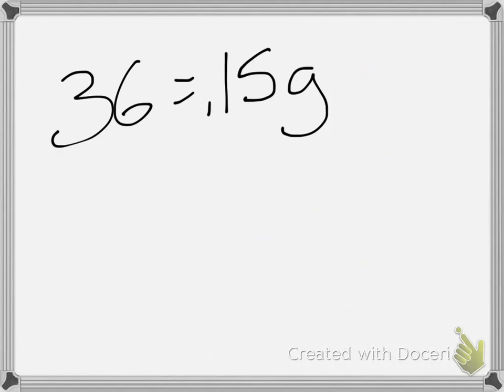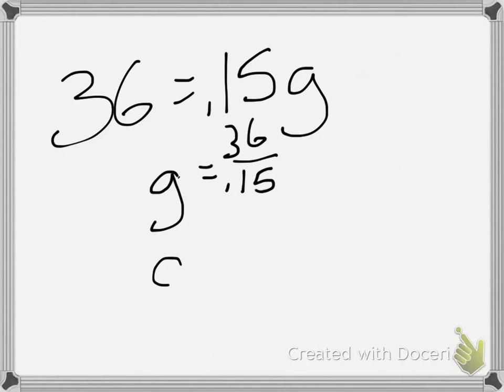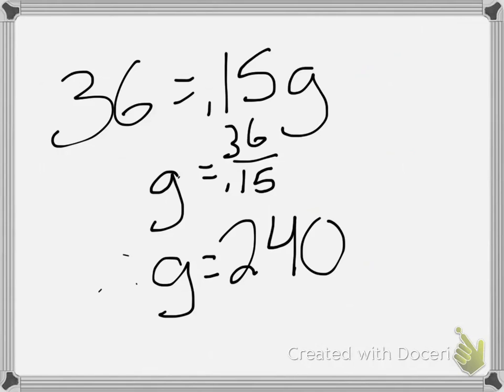So then G would equal 36 divided by 0.15, and therefore G equals 240. That's 240.